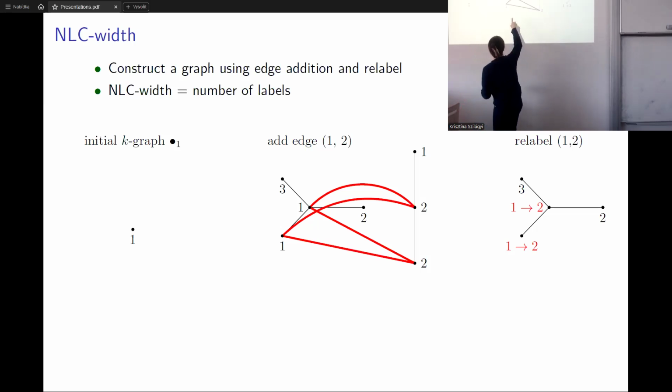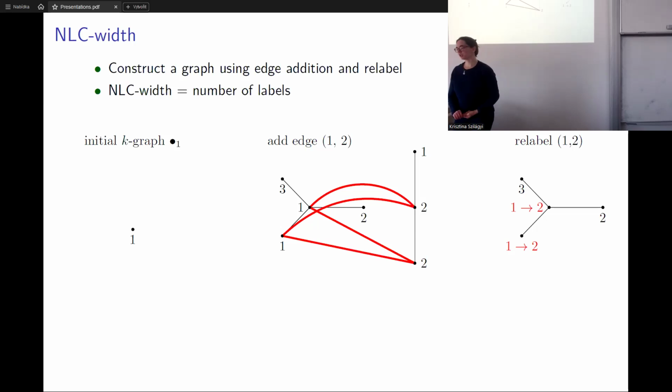So here, for example, we add all the edges from label 1 in the first graph to label 2 in the second graph. So note that this is actually an ordered pair 1, 2, and not a set 1, 2, because we could also add edges 2, 1, where we use the vertices of label 2 from here and the vertices of label 1 from here.